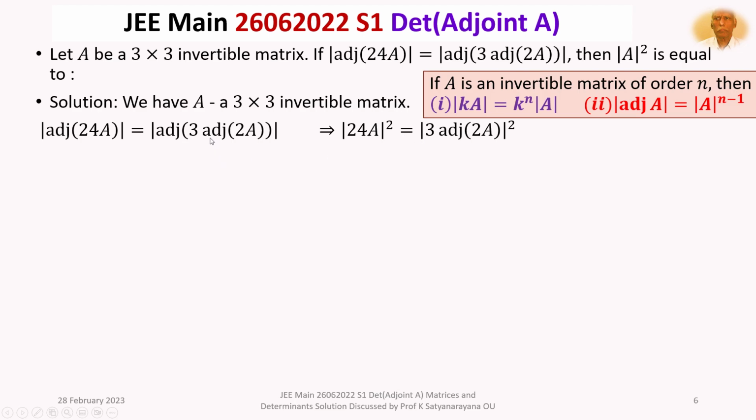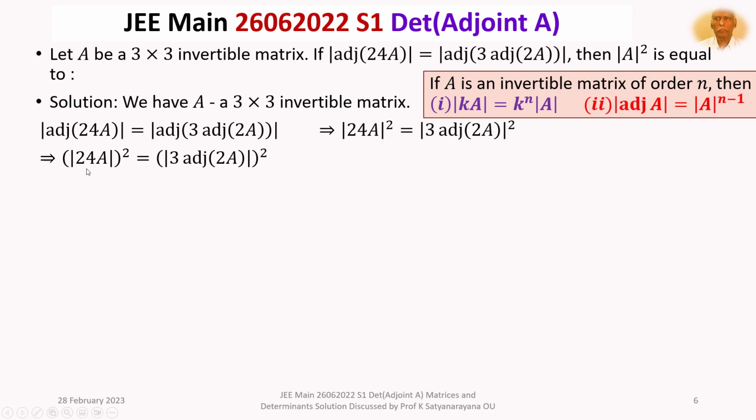That is equal to determinant of 3 times adjoint of 2A to the power of 3 minus 1, square. So we write this as determinant of 24A whole square is equal to determinant of 3 times adjoint of 2A whole square.